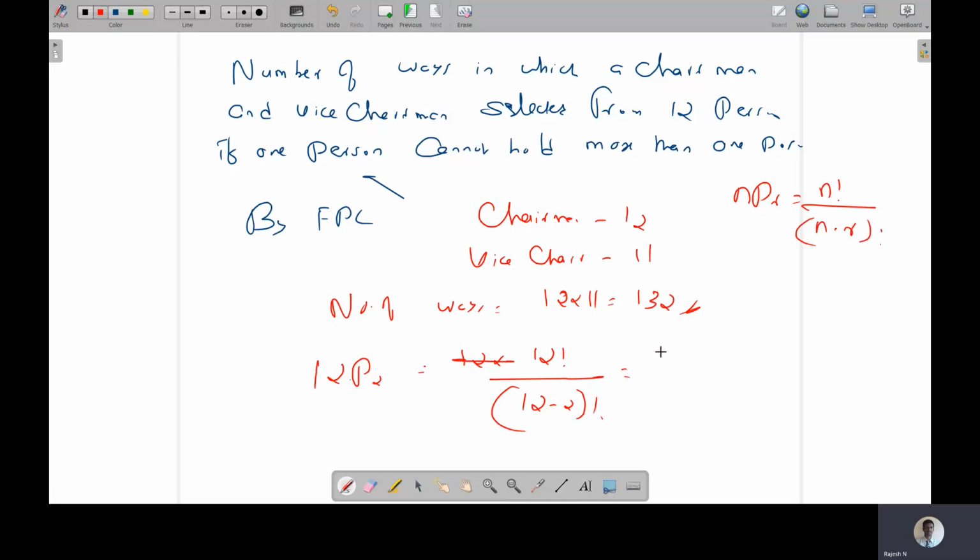So 12 factorial by 10 factorial. 12 factorial is 12 into 11 into 10 factorial by 10 factorial. So 12 into 11, 132. So this is the way we are applying. The fundamental principle of counting and permutation are both the same.